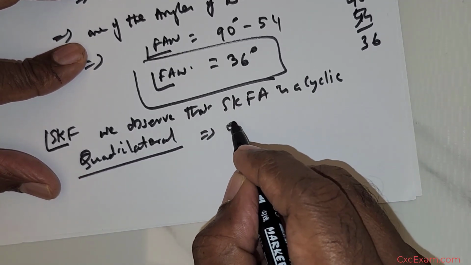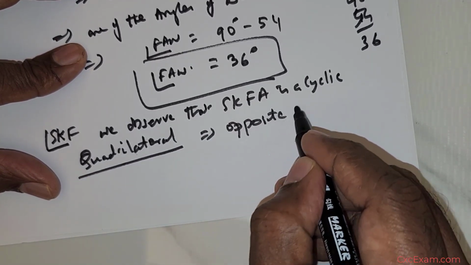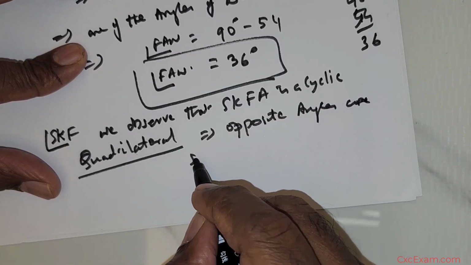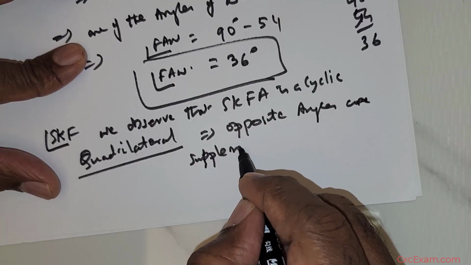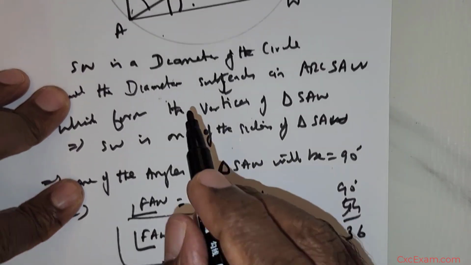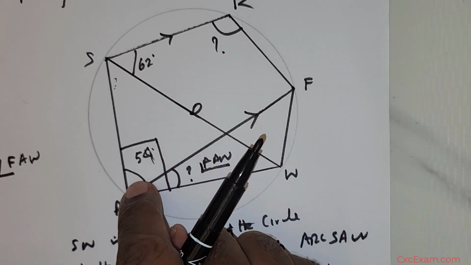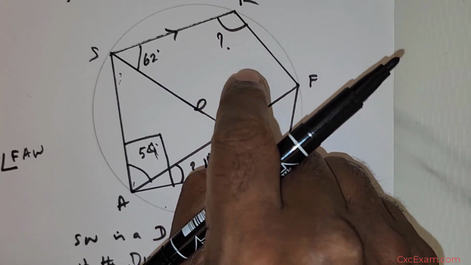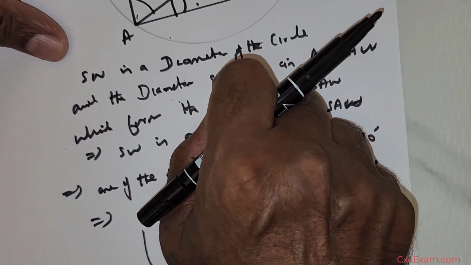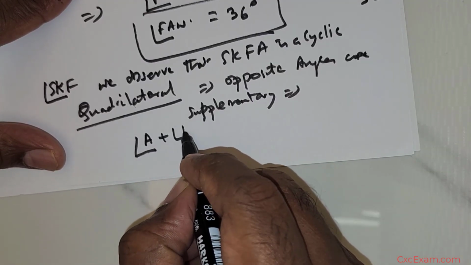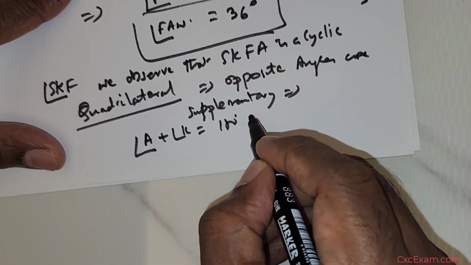So that would mean the opposite angles are supplementary. So angle at A plus angle at C or angle at K will be equal to 180 degrees. That means angle at A plus angle at K is equal to 180 degrees.